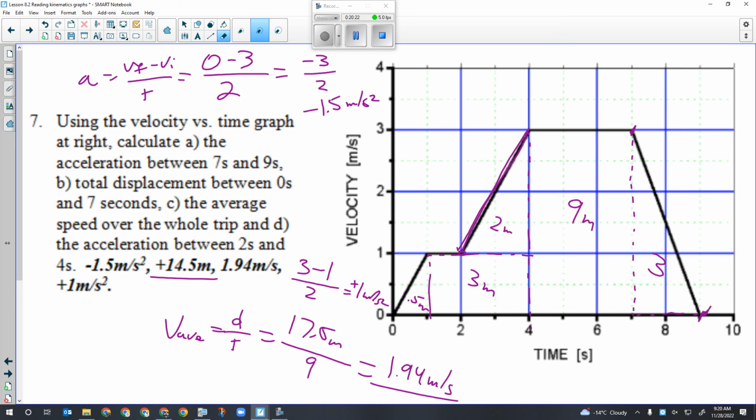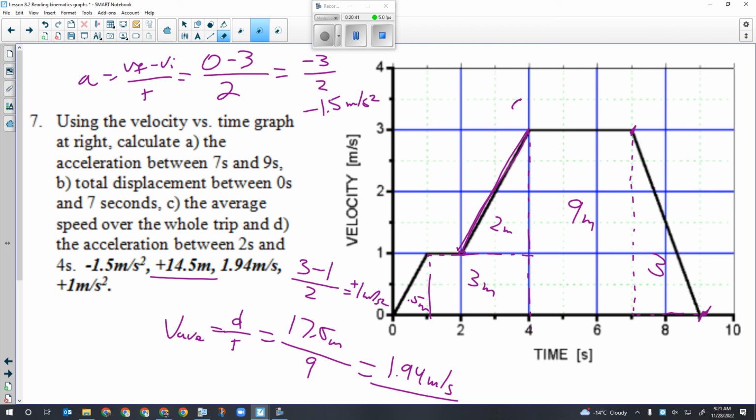You would be surprised when I ask that question, how many people show me at least 4 marks worth of work that's all wrong. Okay? It's crazy, but they do it. I don't know where they get the numbers from. But they show me 4 marks worth of work for 0.